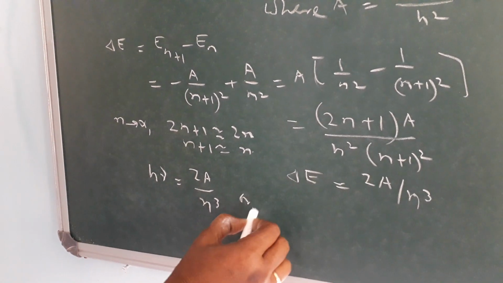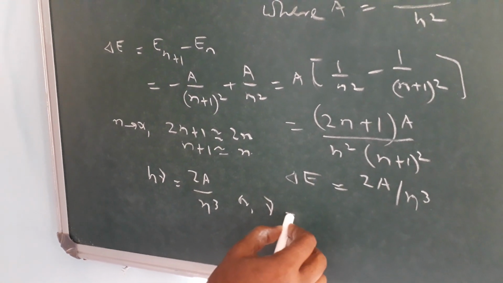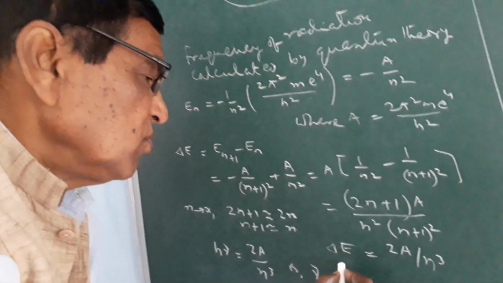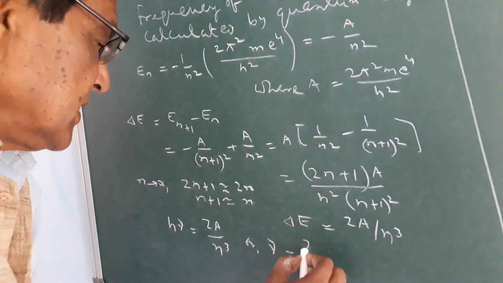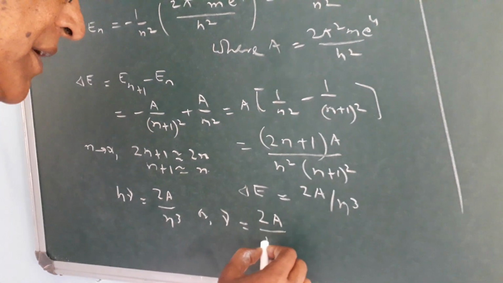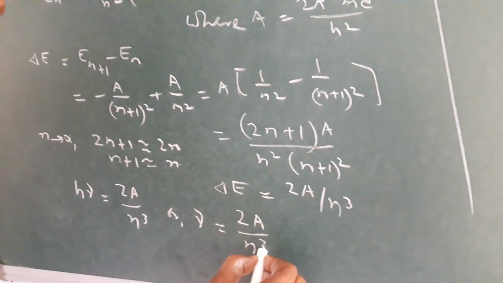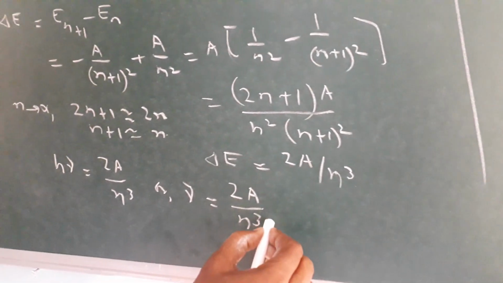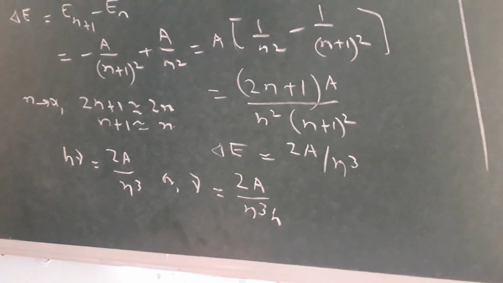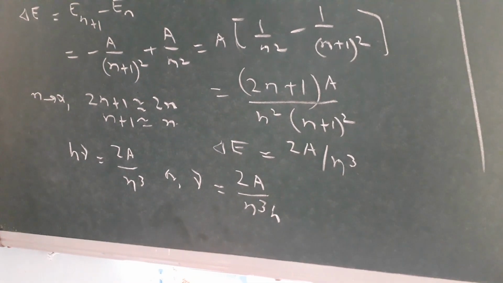So the frequency of radiation absorbed by the hydrogen atom for the excitation is equal to 2A divided by n cube h. H is the Planck's constant, n is the quantum number, n is high.